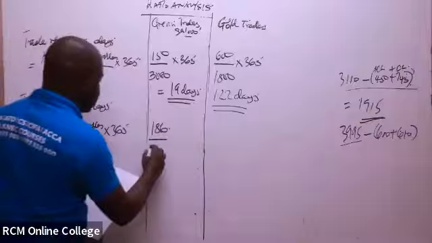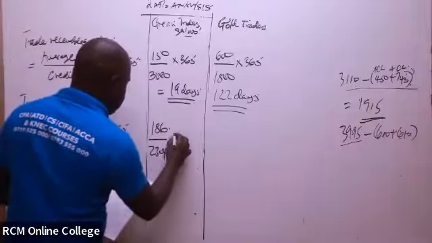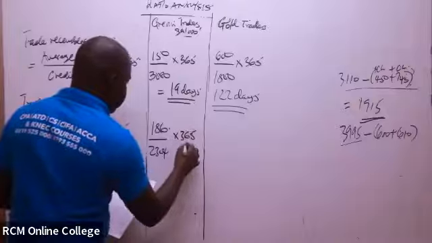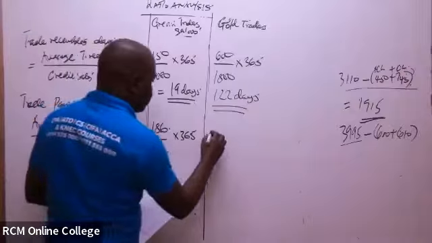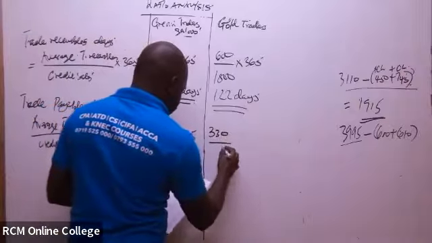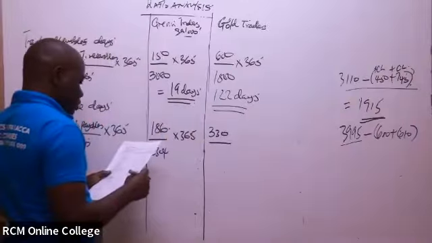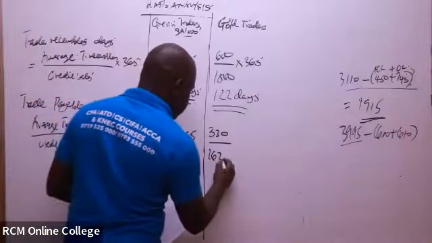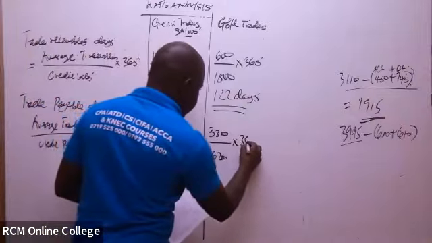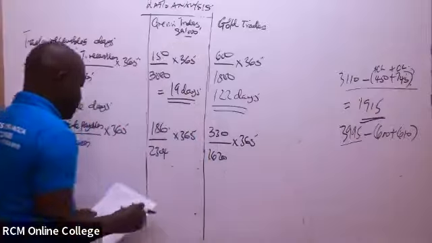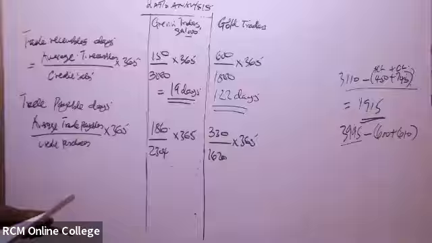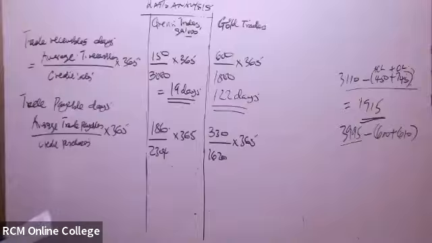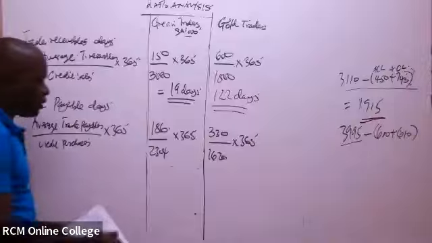So this one is 2304, and we multiply by 365. Then this other one is 330 divided by 1620, multiplied by 365. How many days here? 186 over 2304 multiplied by 365 gives 29 days.